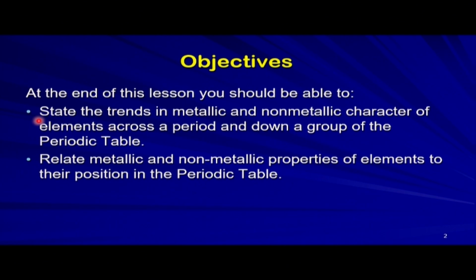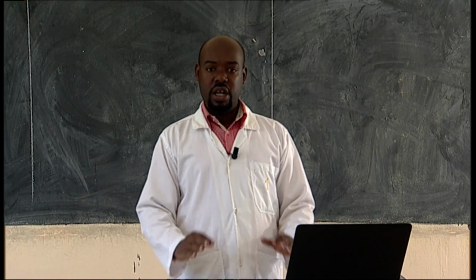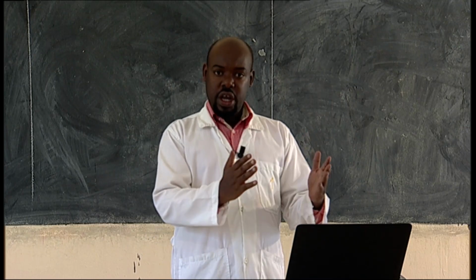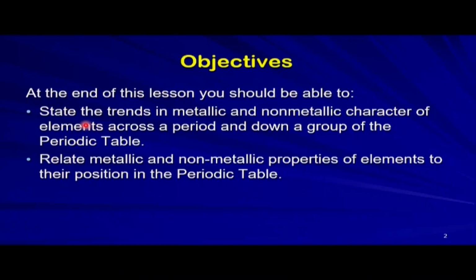Of course, here I've written state, but you should also be able to explain. The trend you state, you should be able to explain why it is like that. And number 2, you should be able to relate metallic and non-metallic properties of the elements to their position in the periodic table.